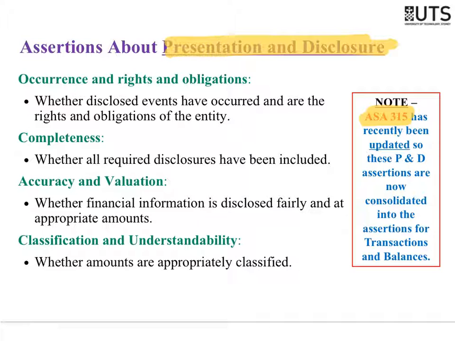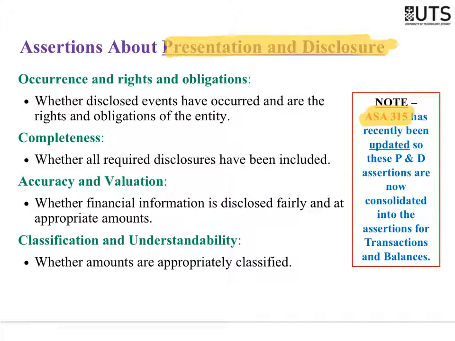Because your textbooks are still showing the information in this way, I don't want there to be unnecessary confusion. So for the purposes of how we're going to teach you, we'll stick to this, but going forward, just be mindful that ASA 315 no longer has this category. It's now been included in the other two.